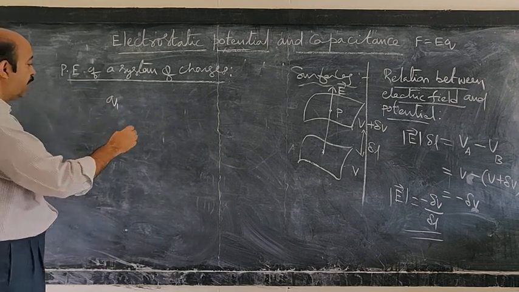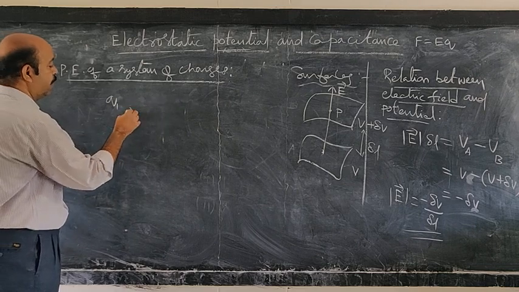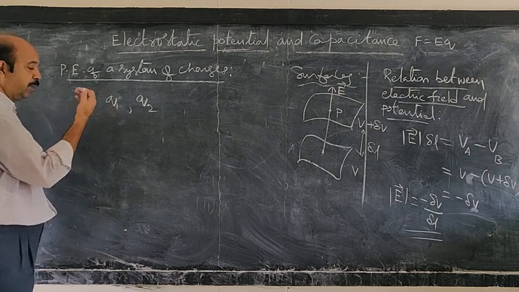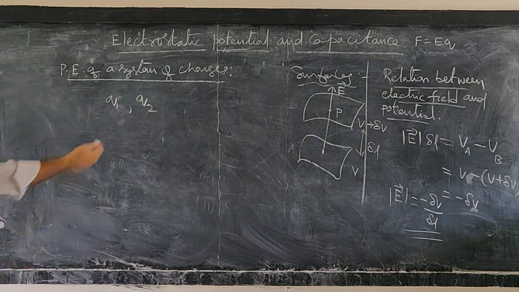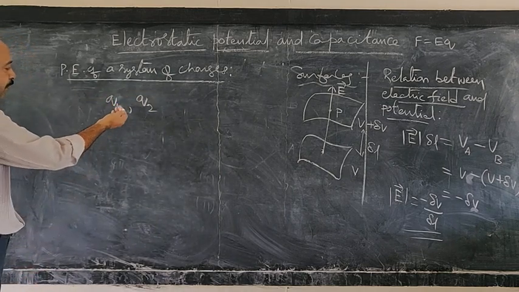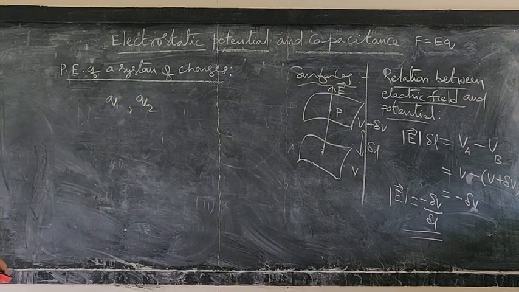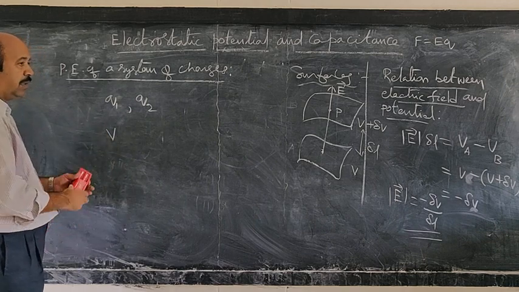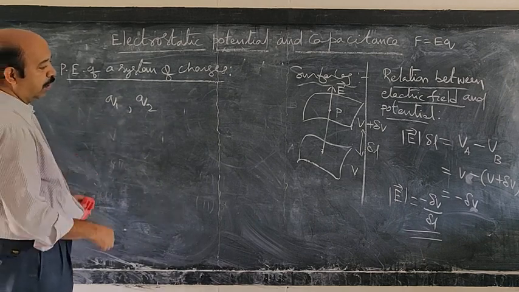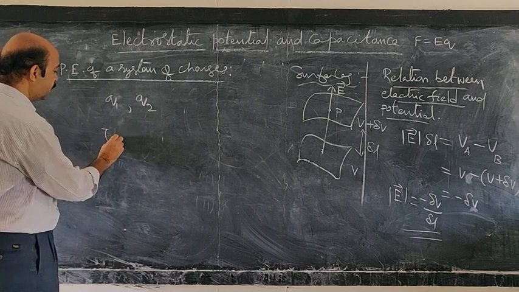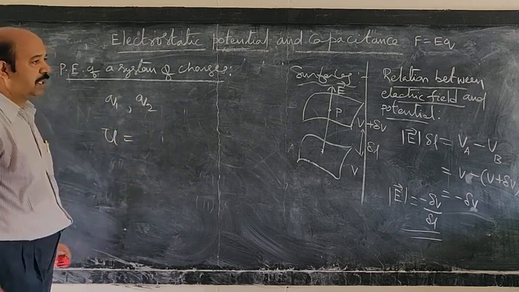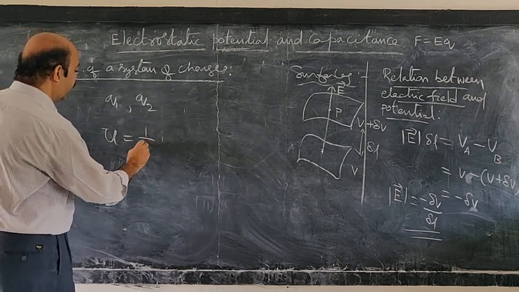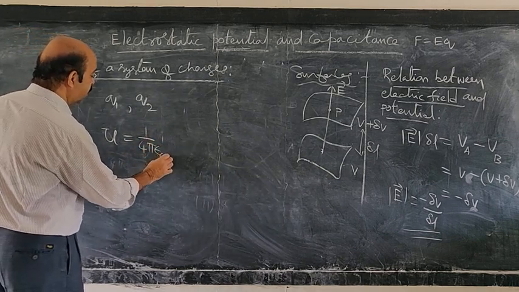Now, suppose you bring another charge, say some Q2, without disturbing the position of Q1. Then you are bringing this Q2 into the field of Q1. So therefore the potential energy is given by U is equal to 1 by 4 pi epsilon naught.